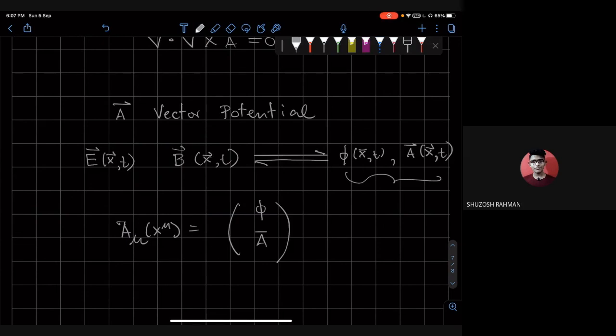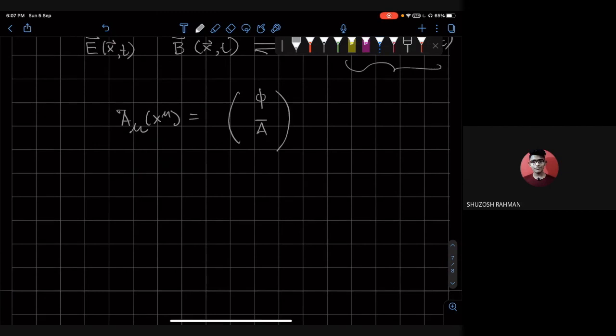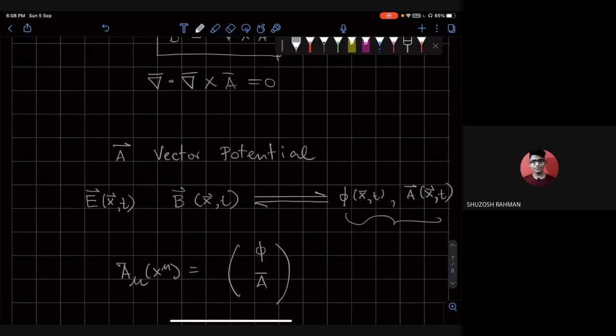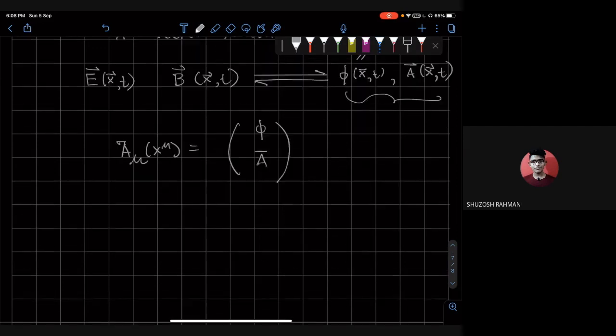Okay, so how are E and B related to phi and A in general? You have seen phi more in the electrostatic setting, but of course it should also be relevant in the dynamical setting.